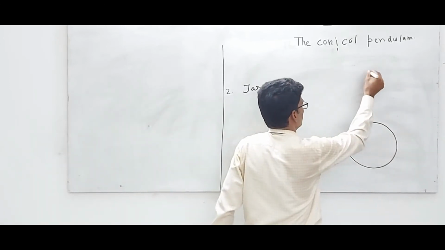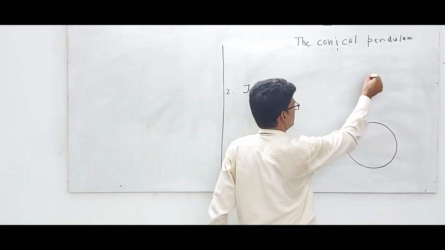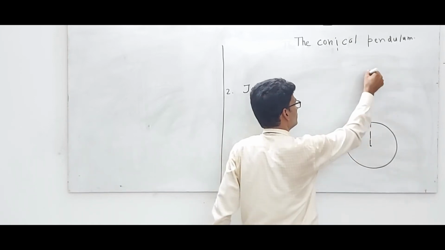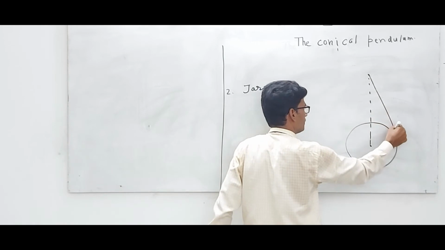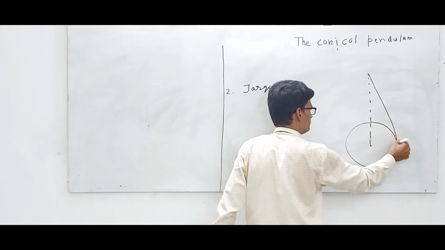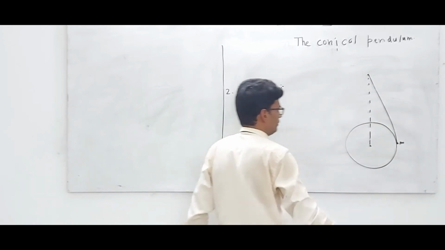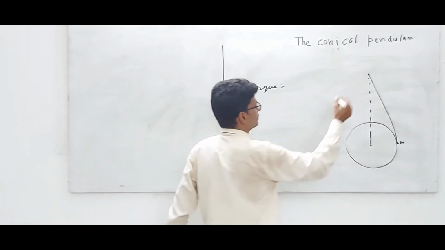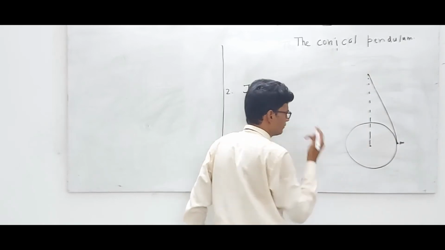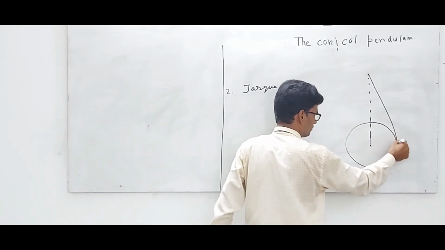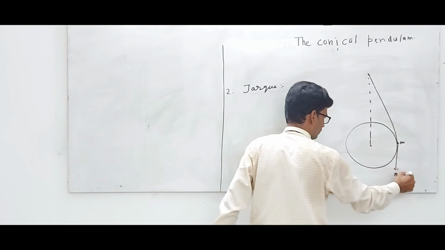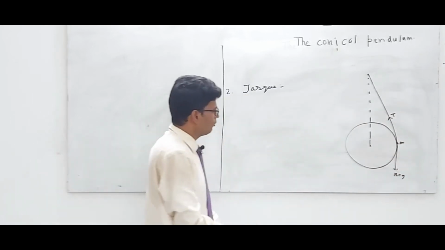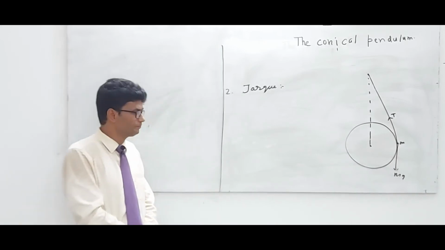So here is, say, the point of suspension. Here is the center of the horizontal circle, and here is the bob of mass m, rotating in the horizontal circle with the same angular velocity. Forces again, as we know, are the force of gravity mg and the force of tension T, the only two forces acting on this bob.